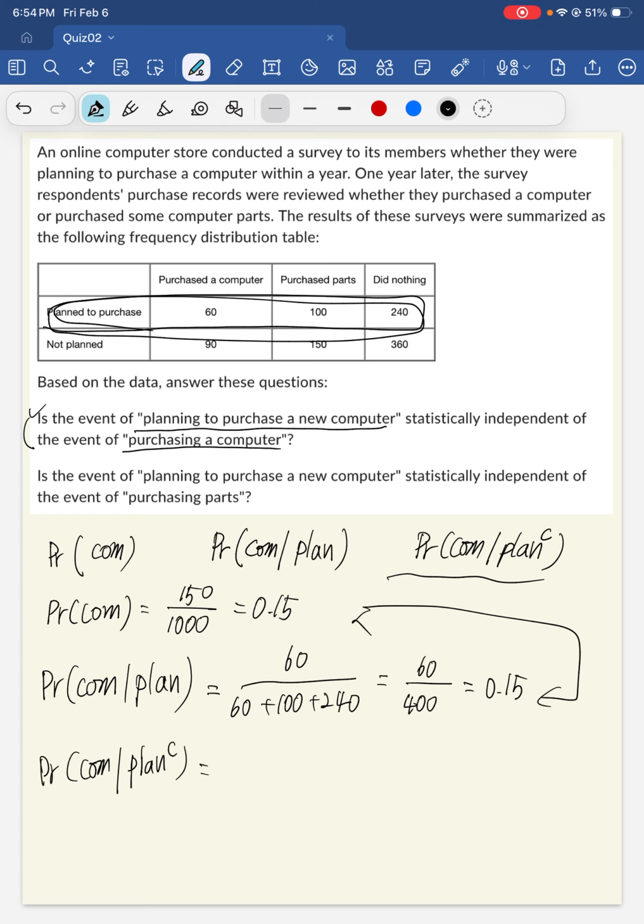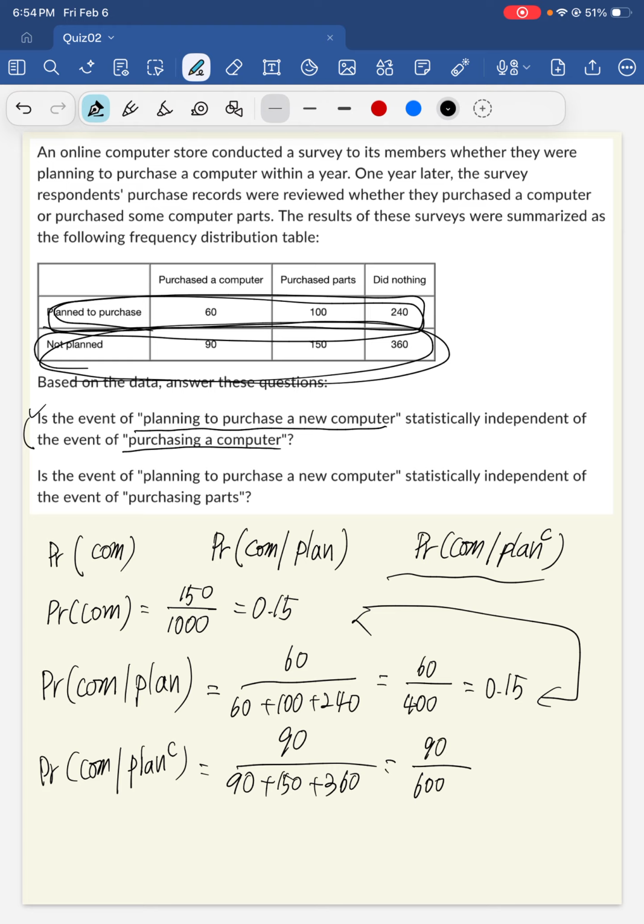If you did not plan to buy a computer, so the second row now, the condition is the second row. So 90 plus 150 plus. Out of this many, only 90 people bought a computer. So that is 600.